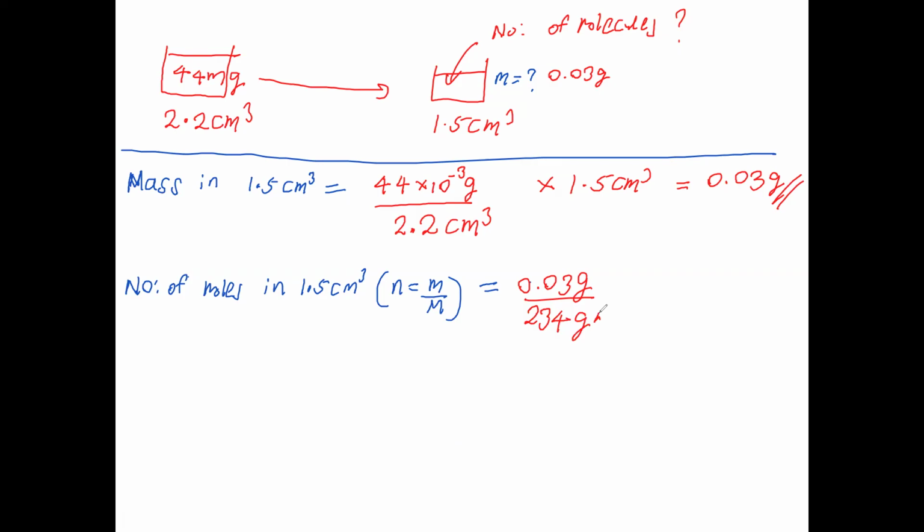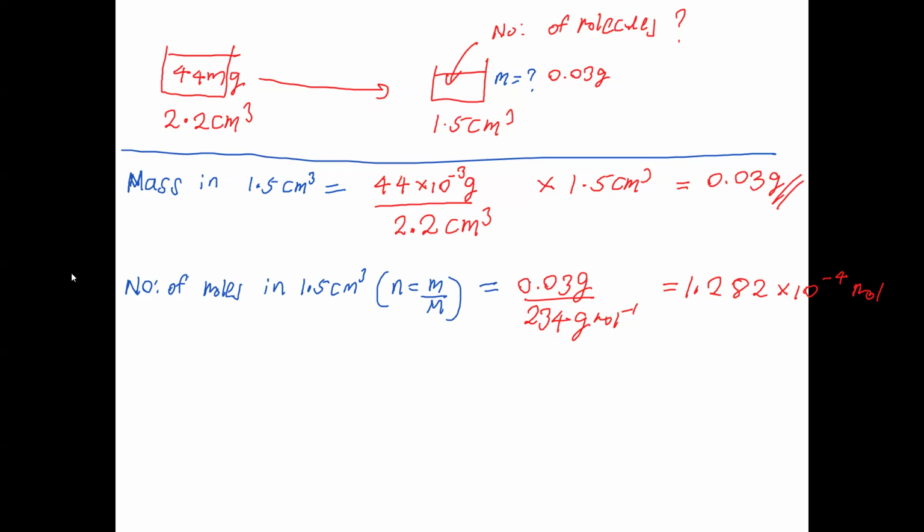I am going to divide 0.03 by 234. I'll get the answer 1.282 times 10 to the power minus 4 moles. So I get the number of moles.